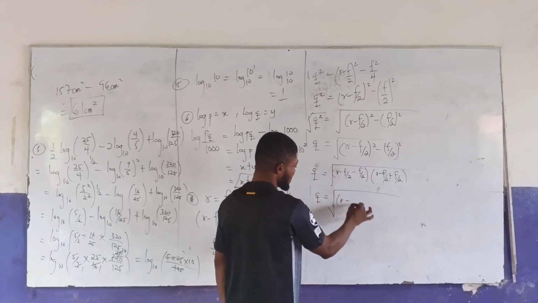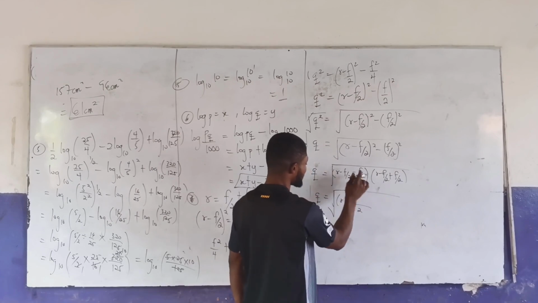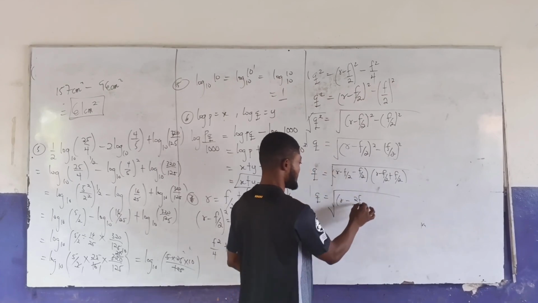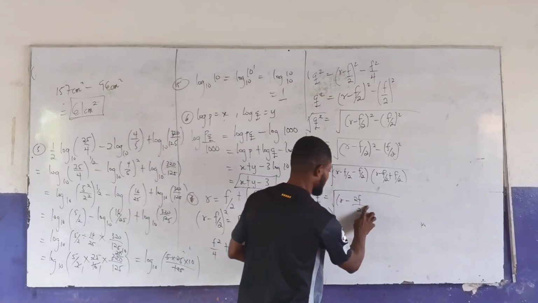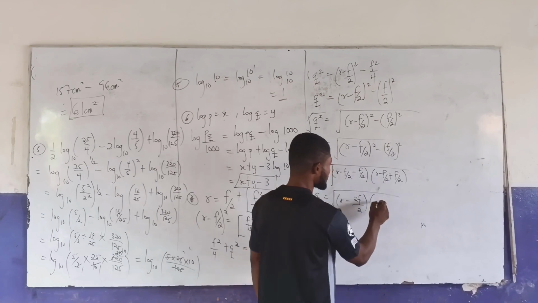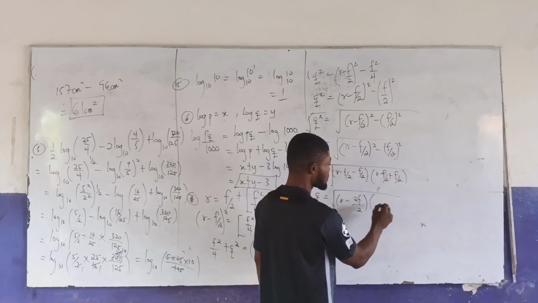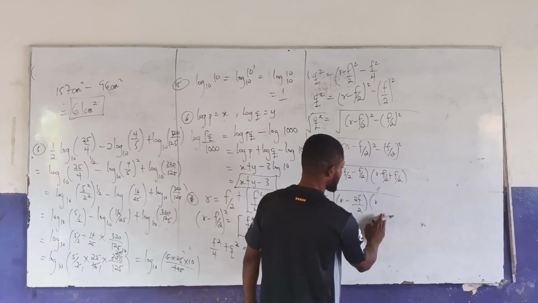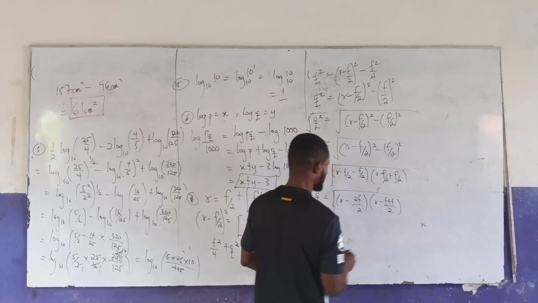R is going to stand, and then LCM 2, so we have minus 2F, which now becomes R minus F, and then this is going to be LCM 2, so R here, this is going to be R minus F plus F on 2.